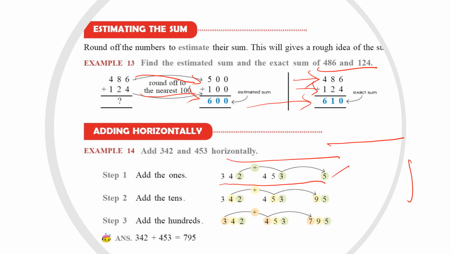So, you get 5 here. In the next step, you have to add the tens place. We have 4 and 5 here. When you add the two, you get 9 in the tens place. The third step will be adding the hundreds place. That is 3 and 4. When you add that, you get 7 in the hundreds place. So the answer is 795.